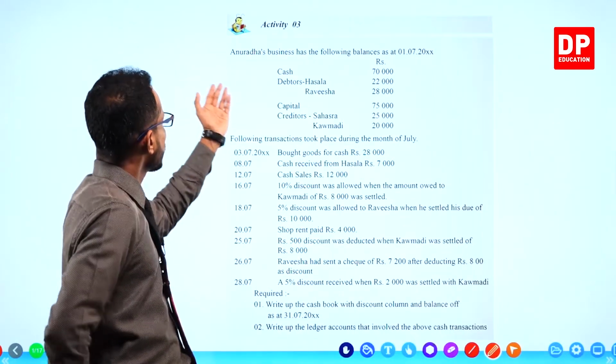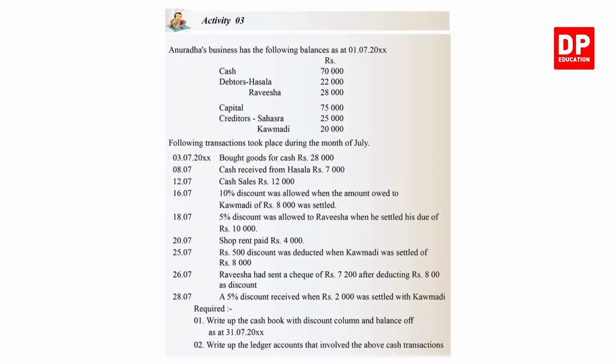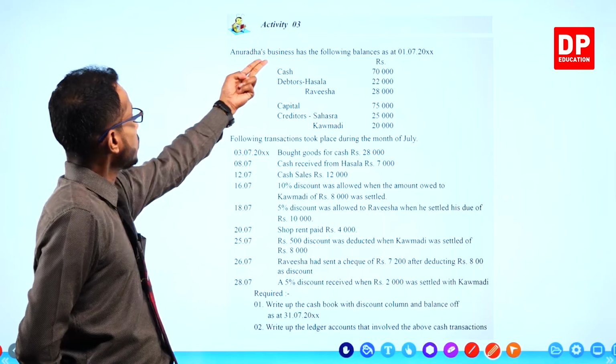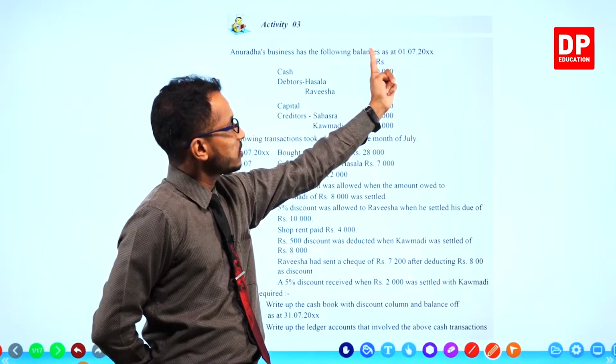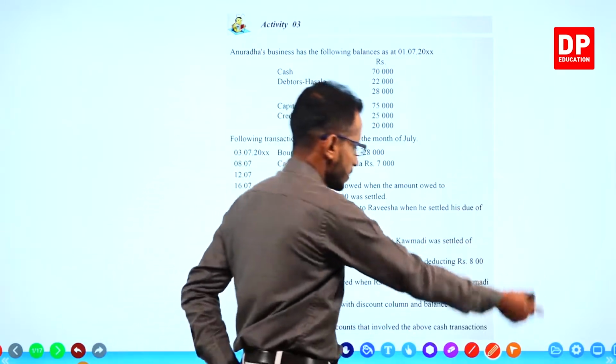All right. So, let's look at the activity now, shall we? Activity 3. Anuradha's business has the following balances as at 1st July 2021.